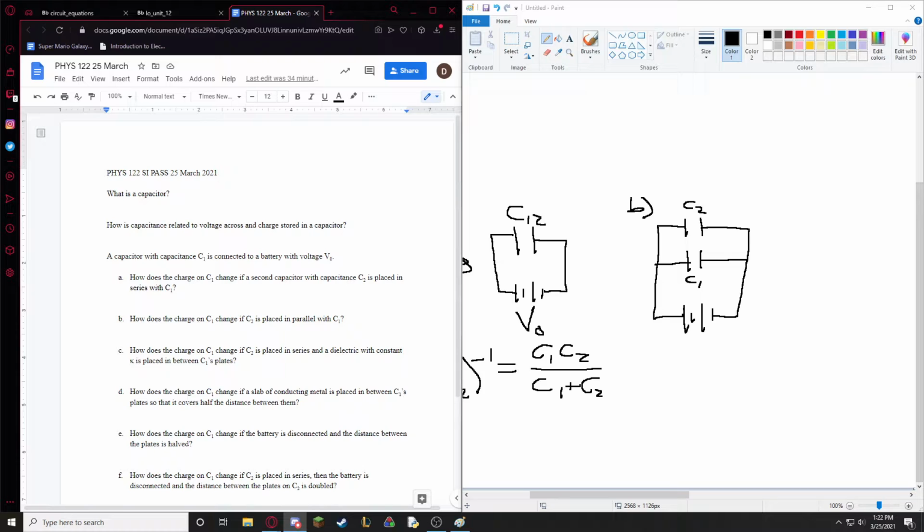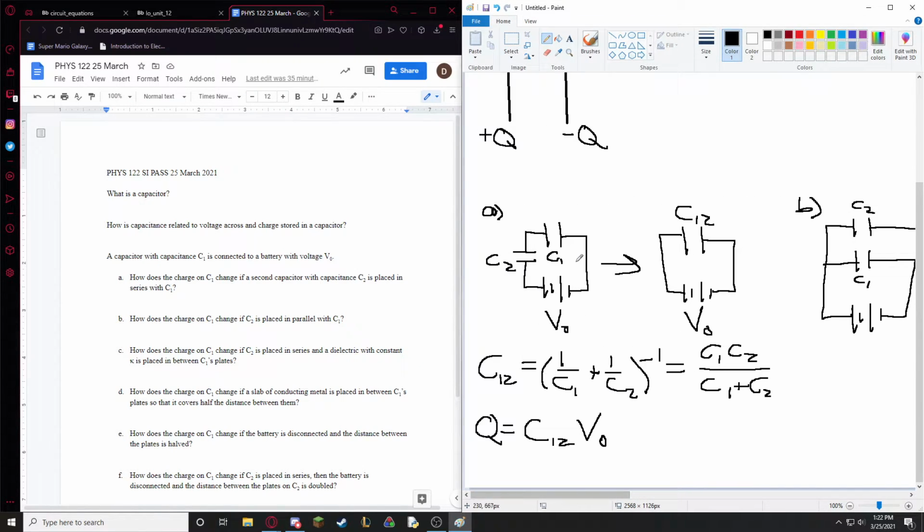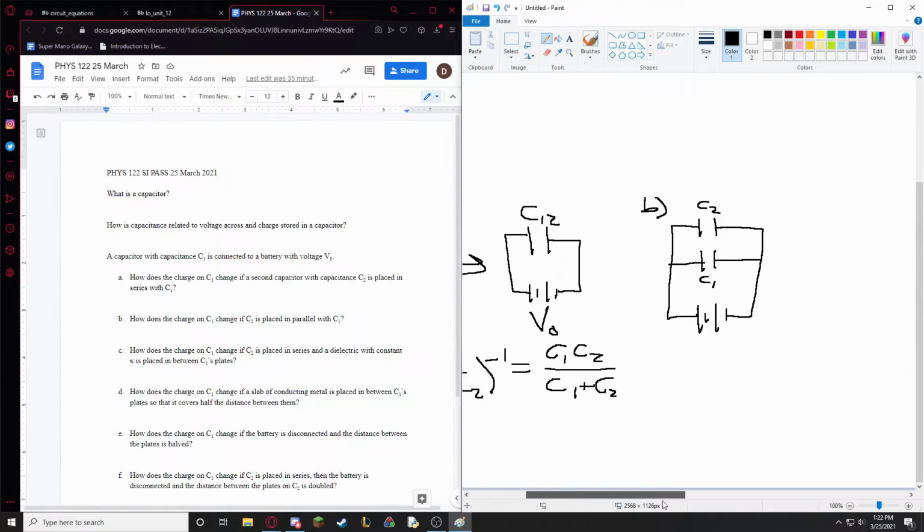Well, first of all, let's try to think about whether the voltage drop across C1 is going to change. Remember the loop law we just mentioned a few minutes ago? The voltage around any loop in a circuit is 0, right?